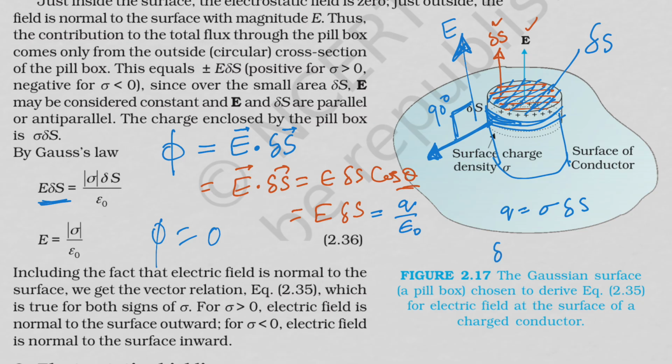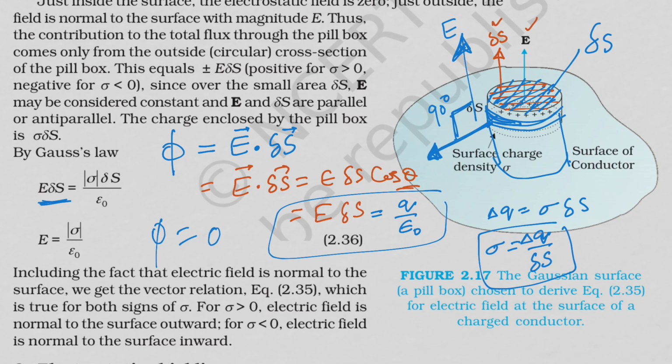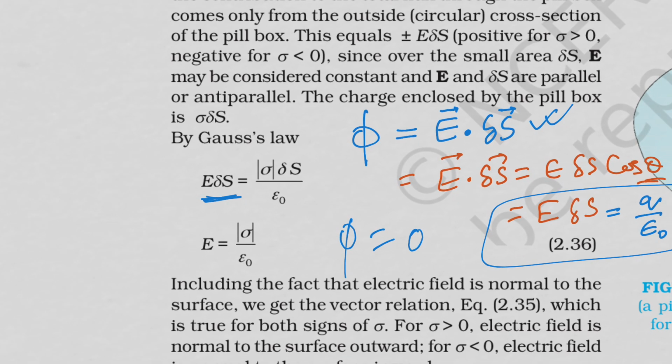Let's say delta Q is the small charge enclosed in that small surface area, so sigma is delta Q upon delta S. So instead of Q, because from Gauss's law the flux is equal to Q upon epsilon naught, and this is the formula for the flux, when we equate this, we can replace Q by sigma multiplied by delta S.